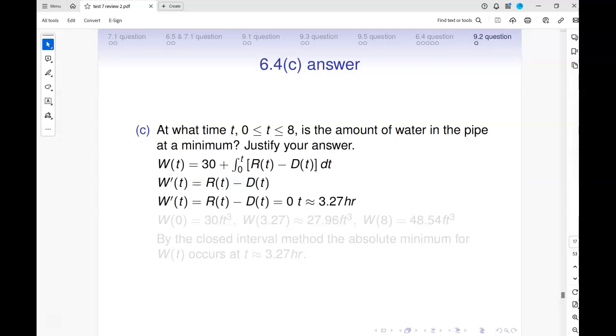Now it asks for a minimum over a closed interval, so I have to do the closed interval test here. So in addition to checking any of these critical values, I also need to check the start and end of my interval. So that's what I did here. I did W of 0, W of 3.27, and then W of 8, and again, I use my calculator to do that.